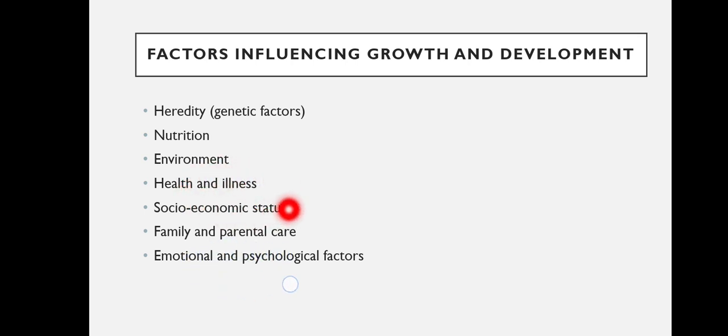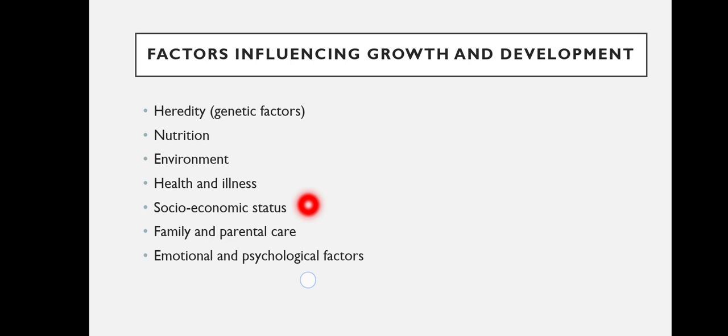Socioeconomic status. Socioeconomic status determines, looking at the financial status of the family members. So it is starting with the financial and then affecting the social. Because if you don't have money, you can't buy nice food, you can't buy nice clothes. All that is going to affect a lot of things at that particular time.